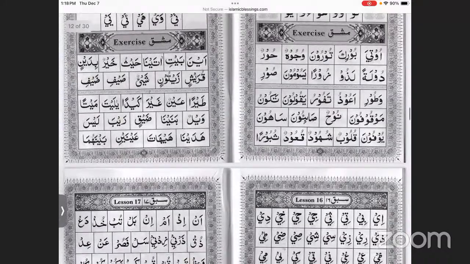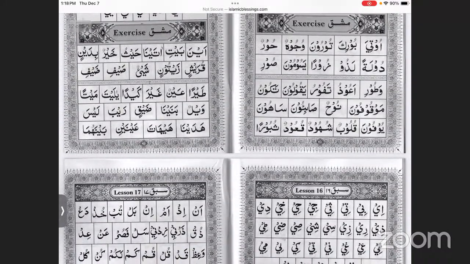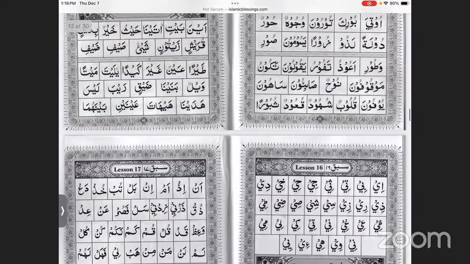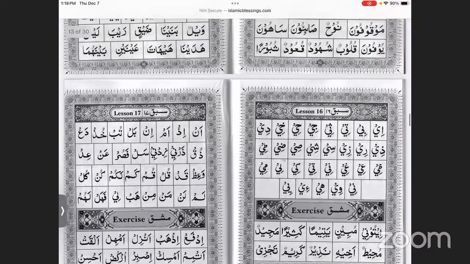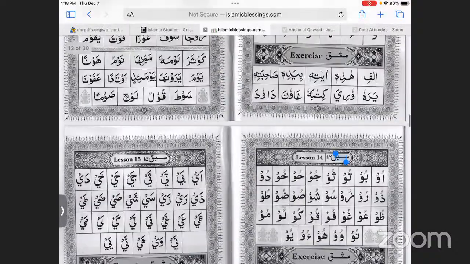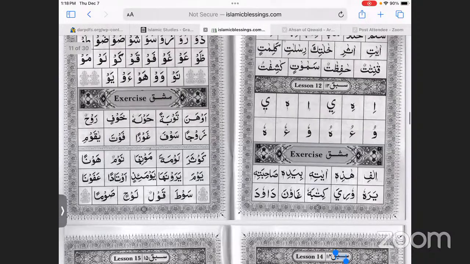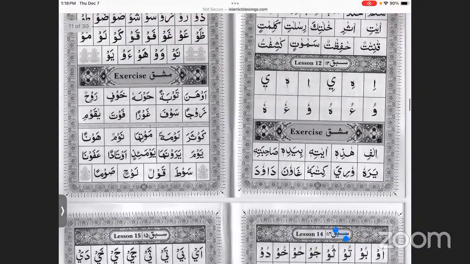Awais, your page number is 18, the first two lines. No, lines 3, 4, 5, 6. First lesson number 12, then the exercise.